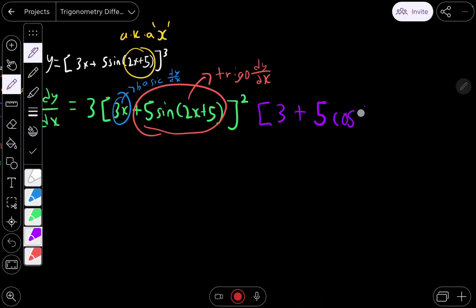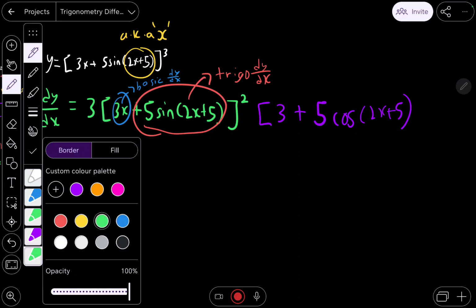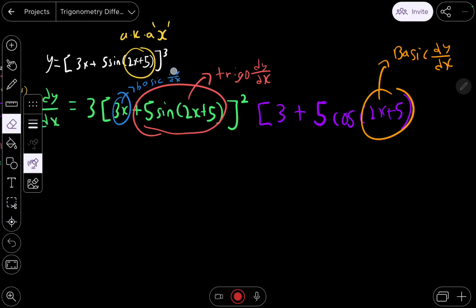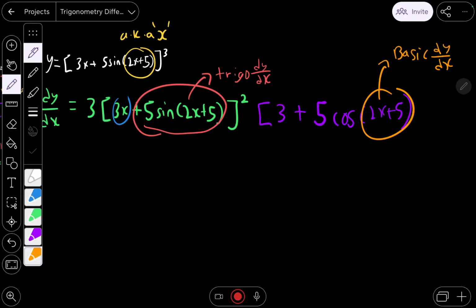Cosine, right? Cosine 2x plus 5, and you differentiate the inside bracket, which we will do further. And this is a basic differentiation once again. Hold on, let me just correct this a little bit first. Actually, I write at the bottom because it's easier to see.